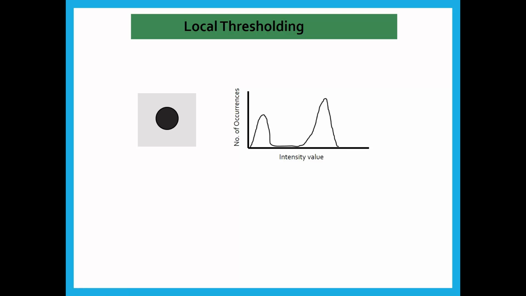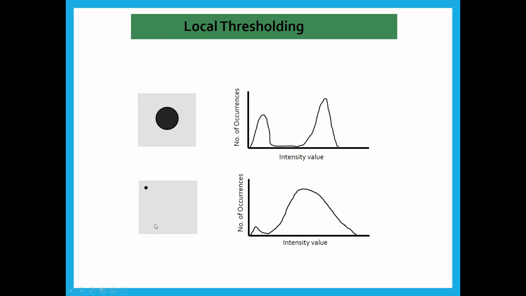But in most cases, the histogram is not as clear as we have shown in this figure. For example, in the next case, we have an object represented by darker pixels and background represented by lighter pixels. Now if we plot a histogram, you can clearly see that the background intensities are more dominant and there is no clear threshold value that will segment this object.